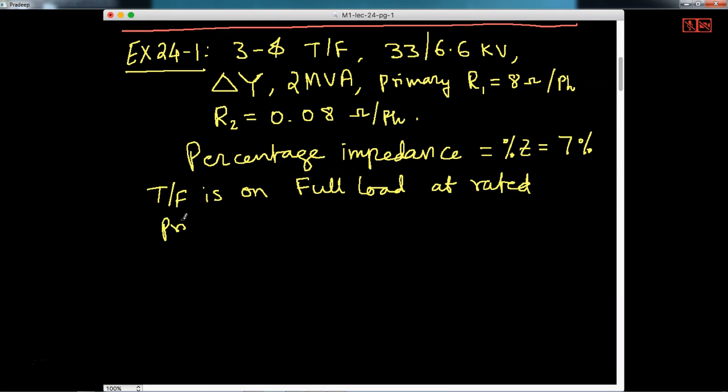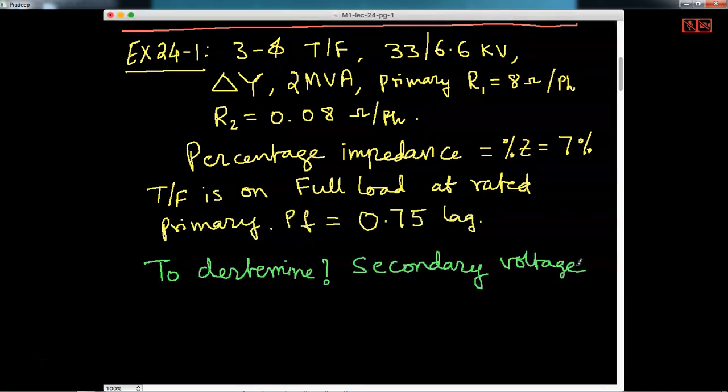So what is to be determined? That is the secondary line voltage. Simply when I say secondary voltage, that automatically means line voltage, because the secondary is star.